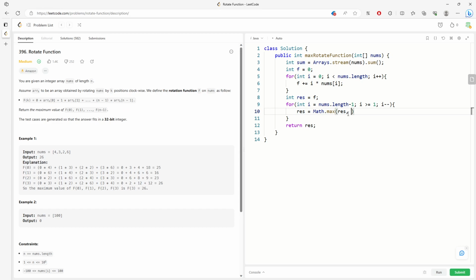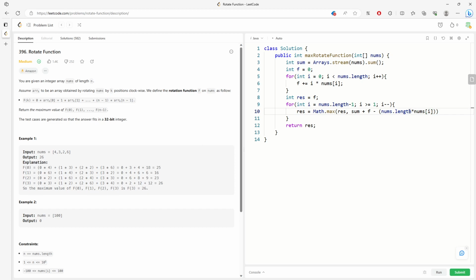So if you still remember the formula, this is going to be sum plus f of 0. In this case, this is f of 1, right? f of 1 equal to sum plus f of 0 minus the length, which is 4, the length of nums, times the current D. You need to times D, right?